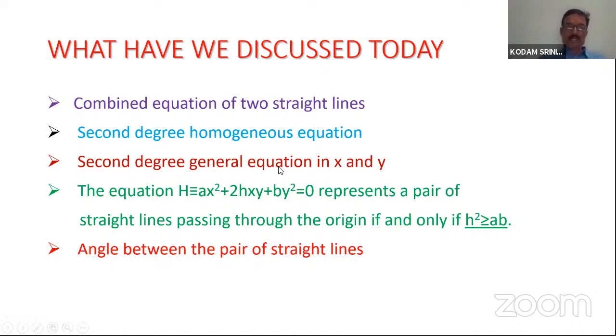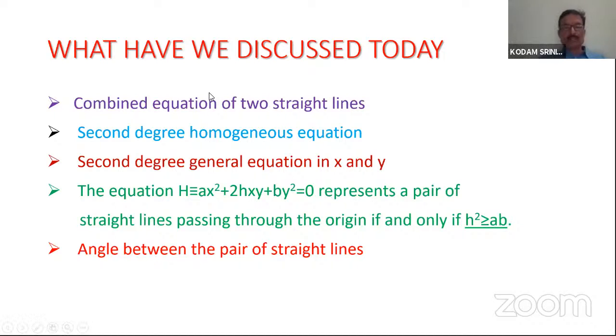So here, the combined equation of two straight lines. Already, by taking L1 equal to 0 and L2 equal to 0, we have written the combined equation of those two straight lines in the form L1 into L2 equal to 0.